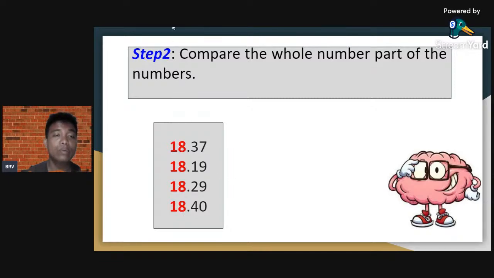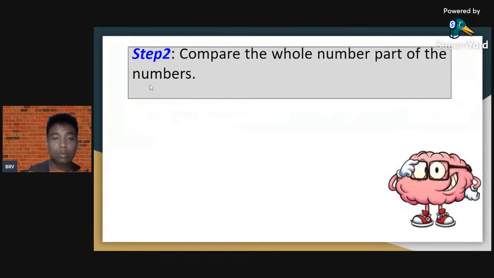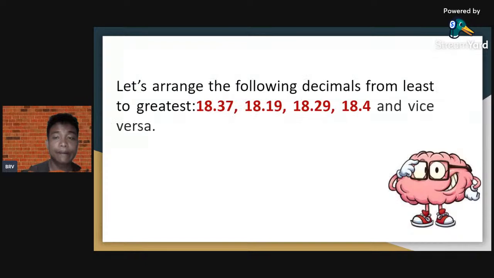So the whole numbers have the same value, and now we will proceed to the decimal digits. That's where we will compare. The question says arrange from least to greatest and vice versa.